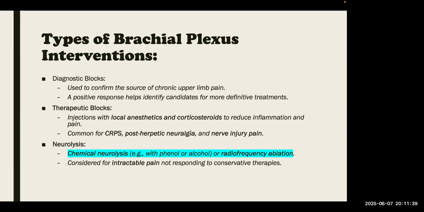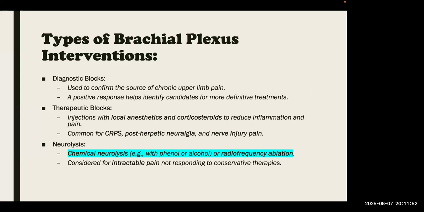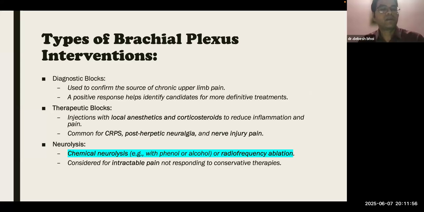So if you see the type of brachial plexus intervention that is mostly done, and whether there is a requirement for a brachial plexus intervention, most of the time we go for a diagnostic block before going for a definitive intervention. We first confirm the source of the pain, and if the response is positive, then we go for a definitive treatment in terms of neurolysis or RF ablation.